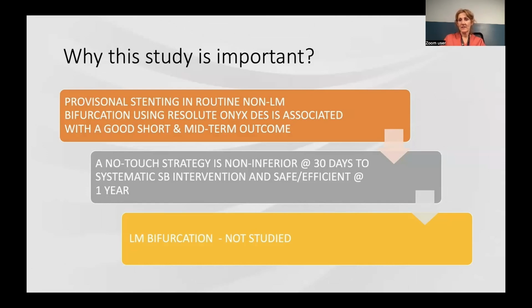A no-touch strategy is non-inferior at 30 days to systematic side branch intervention, and this is a safe and effective strategy out to 1 year. And this relates just to non-left main bifurcations, so we don't have any information on whether this can be extrapolated to left main bifurcation stenting.